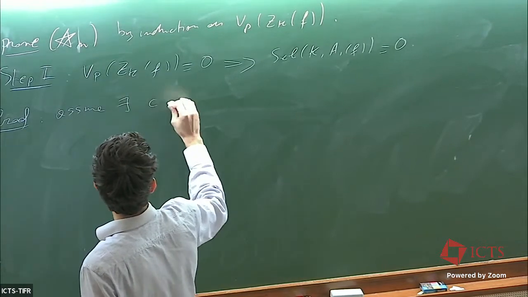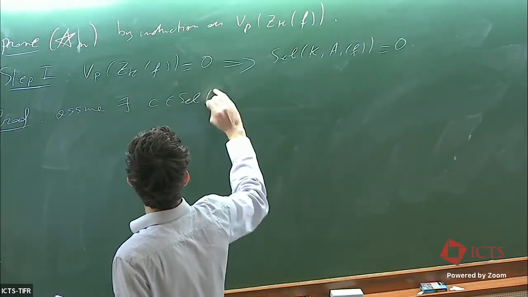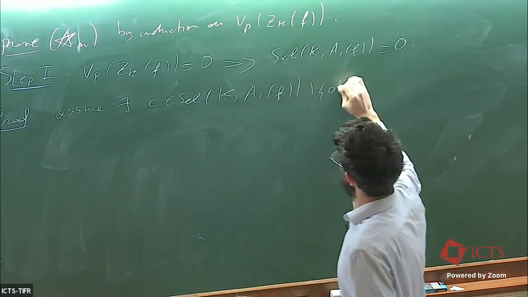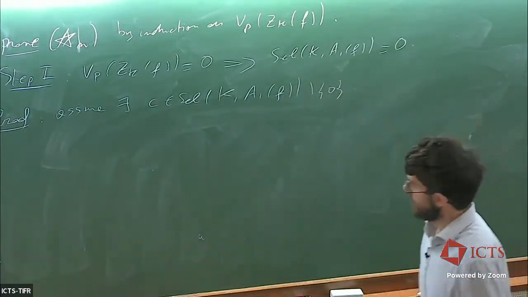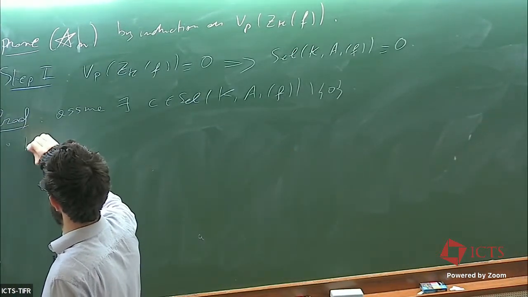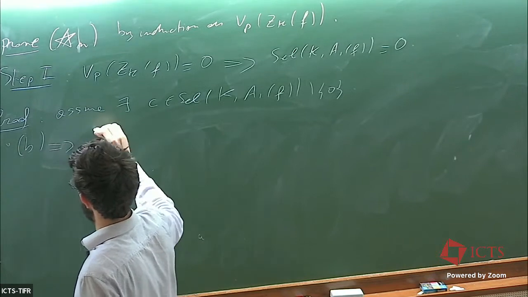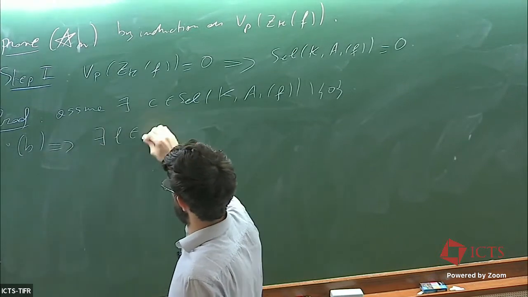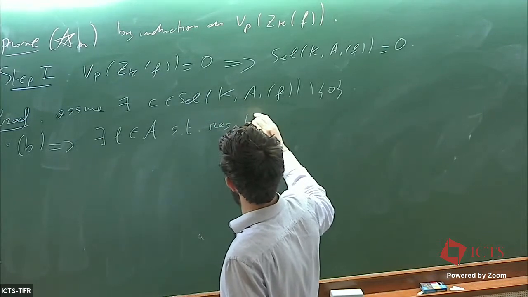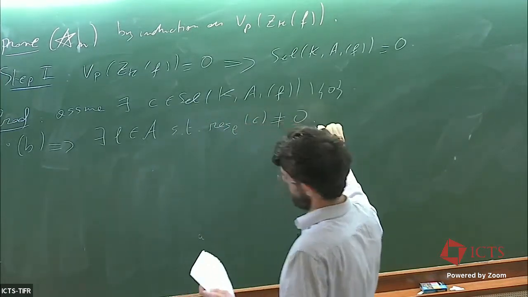Assume there exists a class c in the Selmer group which is non-zero. Okay, and now we just use A and B, and as I said, B implies that there exists an admissible prime L such that the restriction is still non-zero.